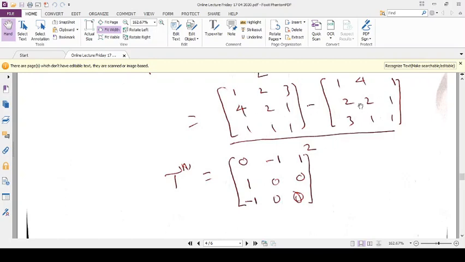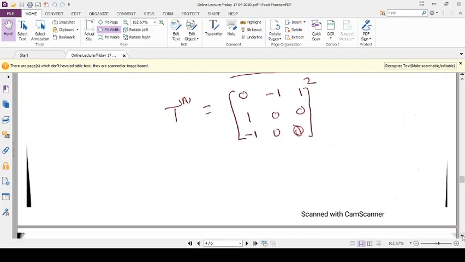Similarly 4 minus 2 is 2, divided by 2 is 1. 2 minus 2 is 0. 1 minus 1 is 0. 1 minus 3 is minus 2, divided by 2 is minus 1. 1 minus 1 is 0, and 1 minus 1 again you have zeros. This is the antisymmetric part.